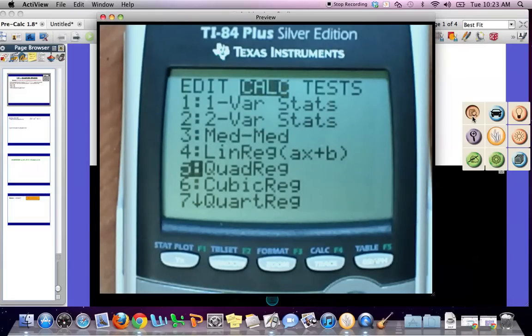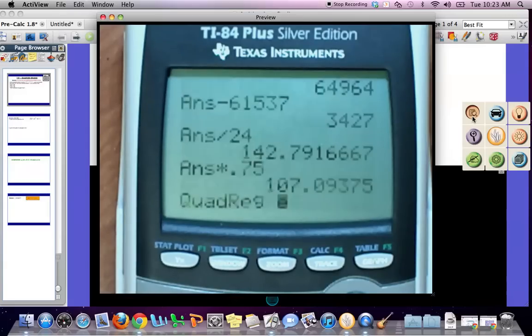This is a process called regression analysis. We'll learn a lot more about this towards the end of the year, but right now I'm just giving you the skinny on it. So I'm going to tell the calculator to look in list 1, comma, list 2. That's above the 1 and the 2. Comma. I would like to store my answer.